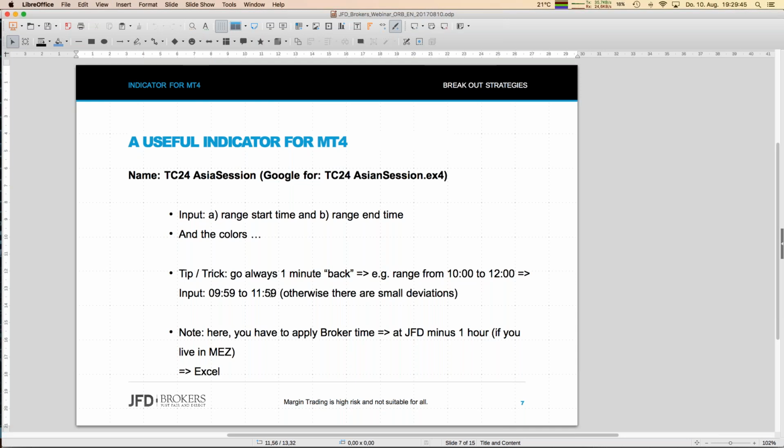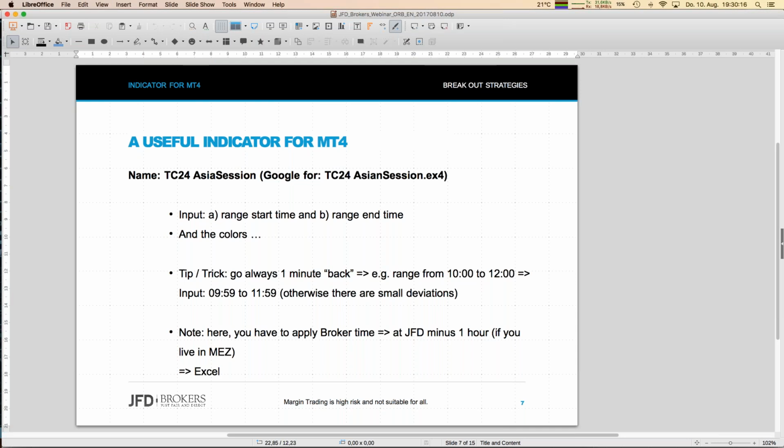And the other thing to note is that you have to think in broker time. Whatever times you enter in that indicator apply to the broker time, so the time which is shown in your MT4 account. So for example, at JFD, at least compared to Germany, we have a 1 hour time shift.